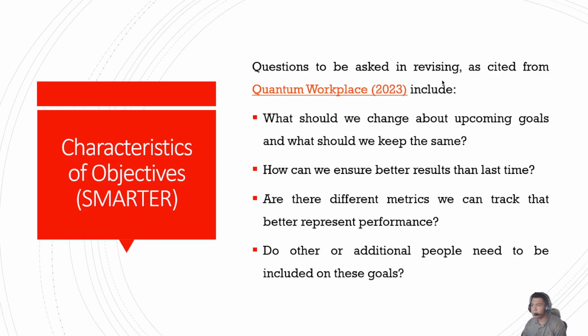Okay? So, ito daw yung mga dapat mong itanong when you revise objectives. Number 1, okay, what should we change about the upcoming goals and what should remain the same? Okay? Sa mga objectives mo, ano pa yung pinaka-connected talaga?